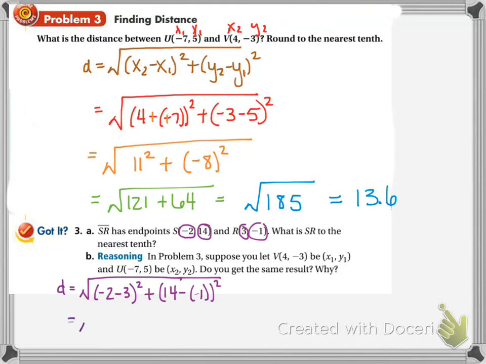So that's going to equal the square root. Negative 2 minus 3 is negative 5. 14 minus a negative 1 is the same as 14 plus 1, which is 15 squared.